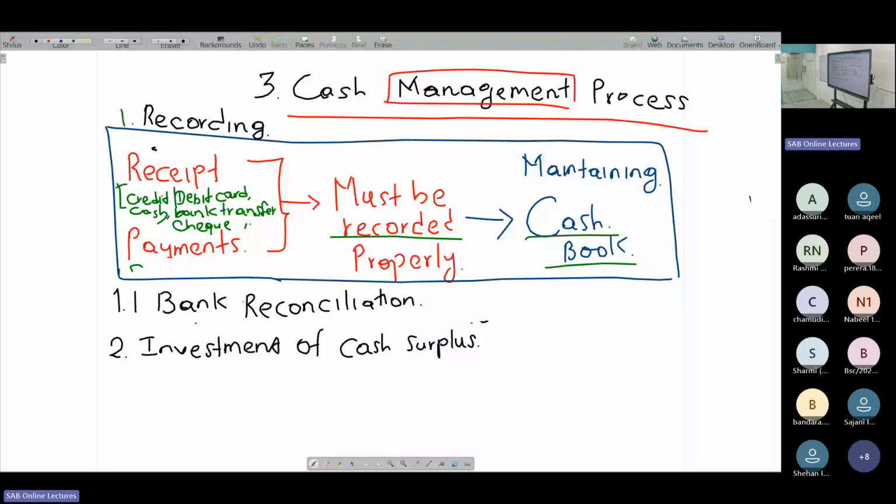But one thing: the word is excess. In the current account, a certain limit amount is needed to run the business.